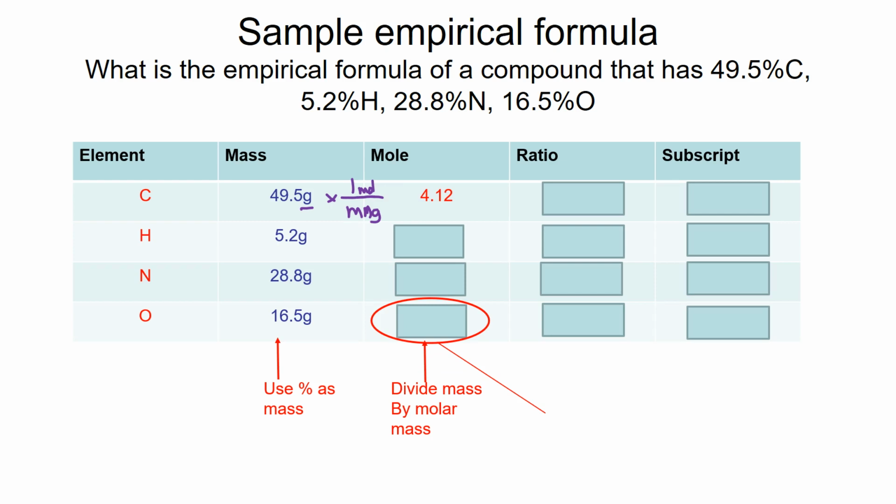What am I going to divide by for hydrogen? 1.01. So that gives me around 5.1. I used 2 sig figs there because I only had 2 sig figs.